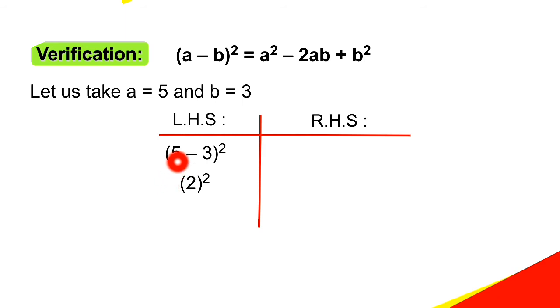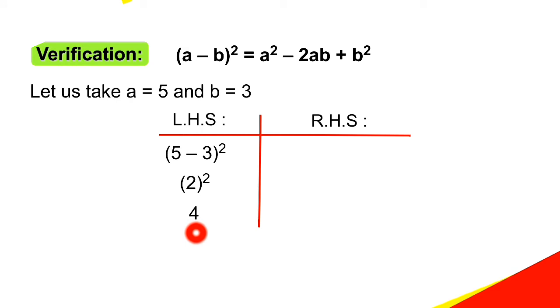Here you can see 5 is the largest number and 3 is the smallest number. For the largest number, what is the symbol we have? Right, plus. So that's why 5 minus 3 is equal to plus 2. Now 2 whole square. What can we get for 2 square? Right, that is nothing but 2 into 2 equal to 4.